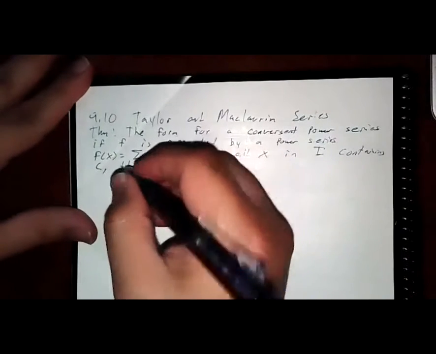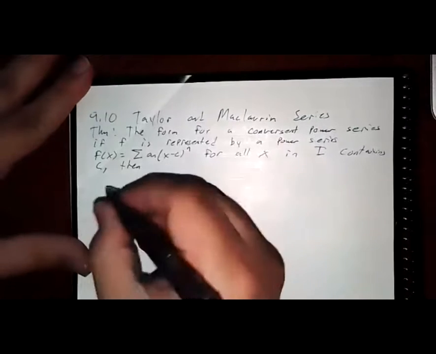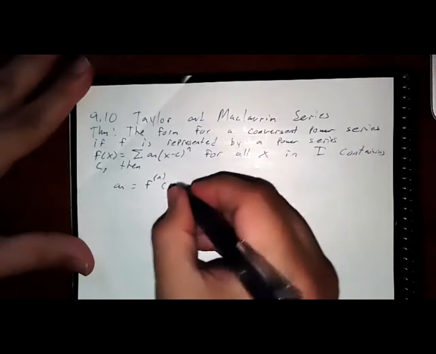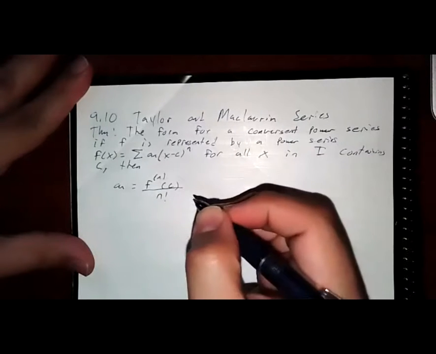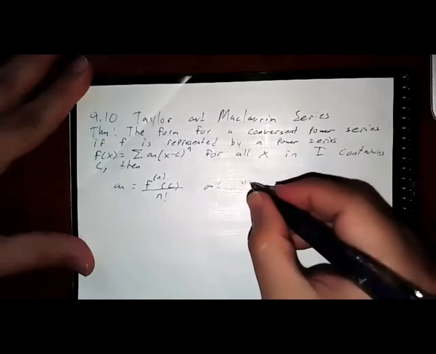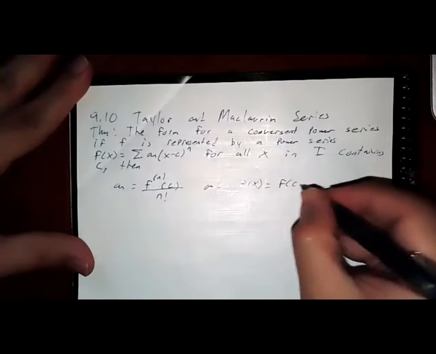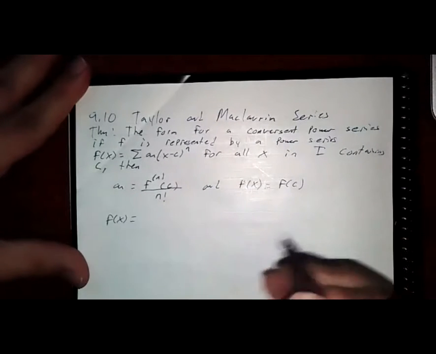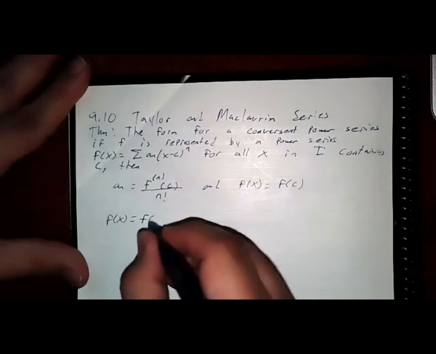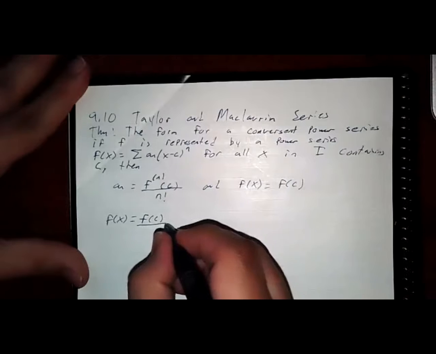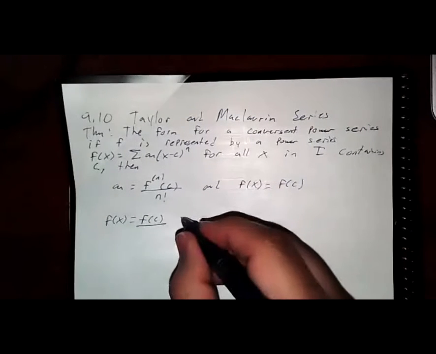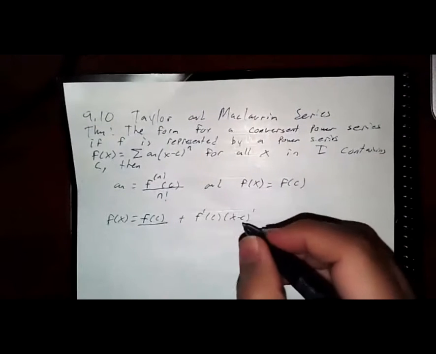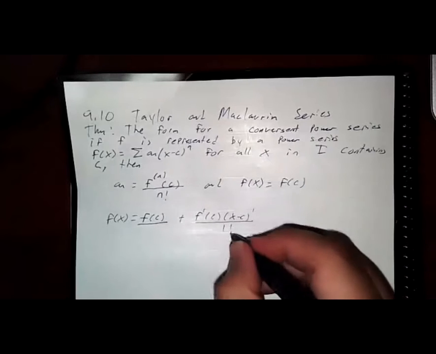Then a sub n is equal to the nth derivative of f at c over n factorial, and f of x will equal f of c plus f prime at c times x minus c to the first over 1 factorial over 0 factorial.